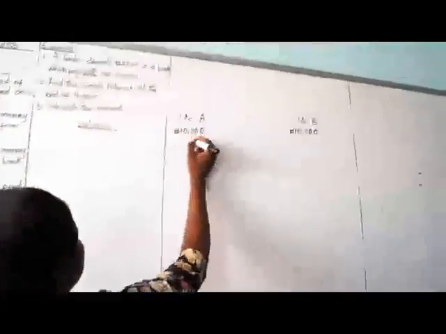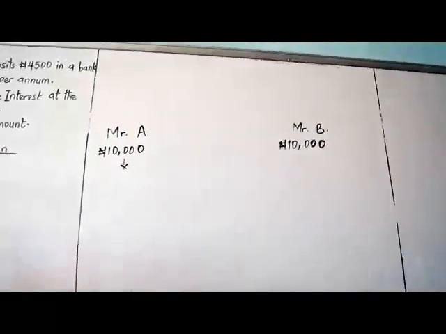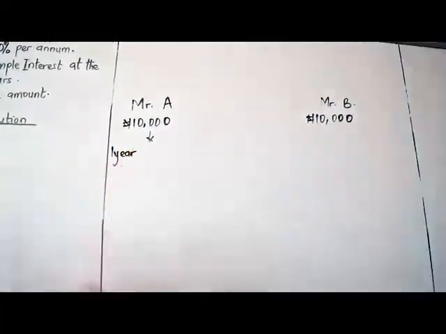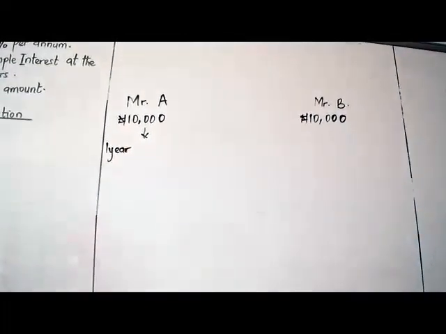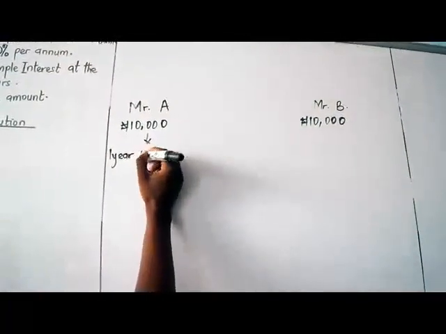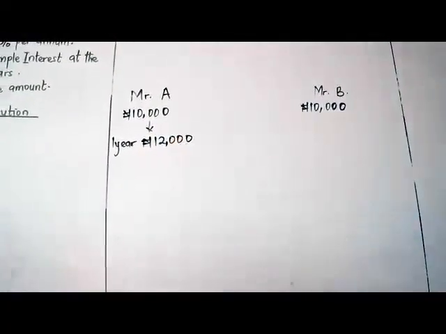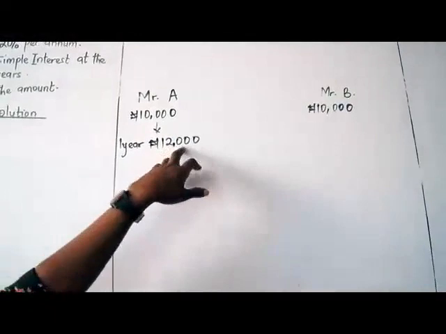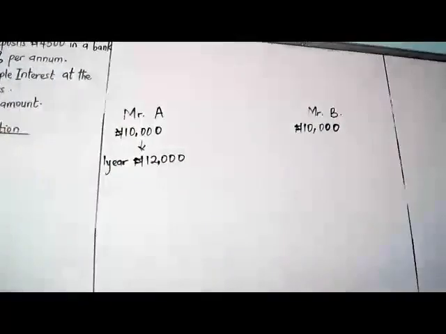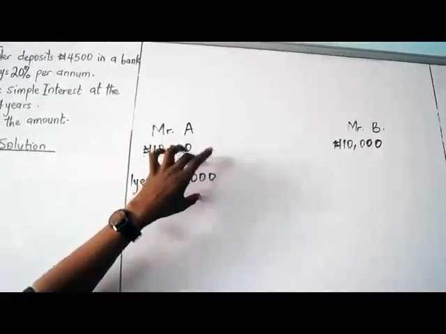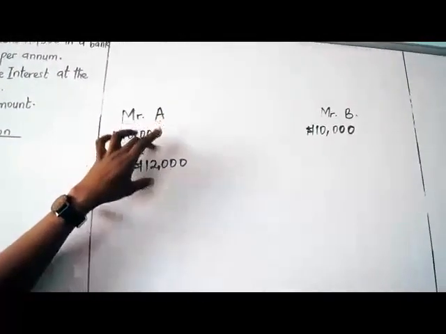After Mr. A saved his money for a particular time, let's take a year, and he is ready to use this money, the bank told him you will be paid 12,000 naira. The extra 2,000 naira on the amount Mr. A deposited in the bank is called the interest. It's called what?